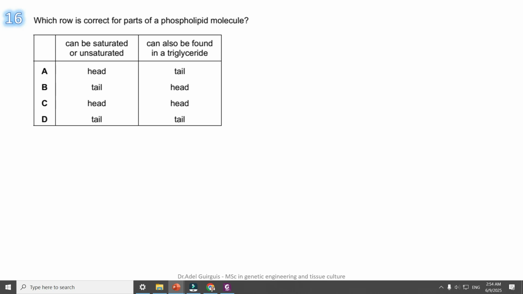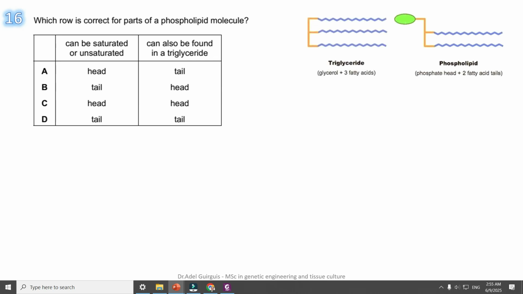Number 16, which row is correct for parts of a phospholipid molecule? Can be saturated or unsaturated. The term saturated or unsaturated is applied to the tails of fatty acids, so the answer is B or D. Okay, look at this figure.